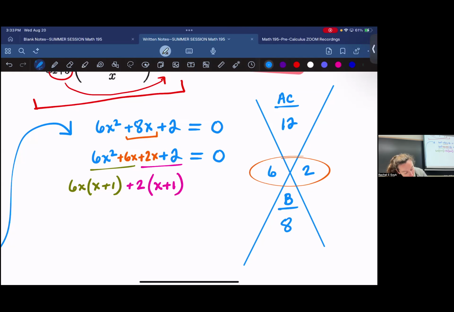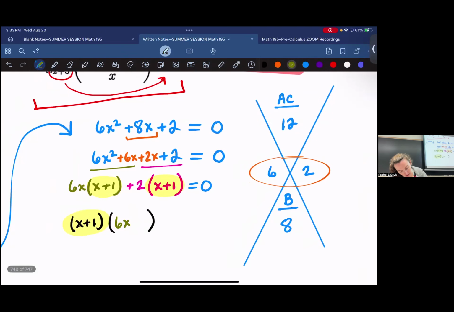If we did factor by grouping correctly, what we have inside the parentheses should be exactly the same, and they are. So we're now going to factor out our yellow x plus 1. And when we do, we're left with 6x plus 2 in that other parentheses.